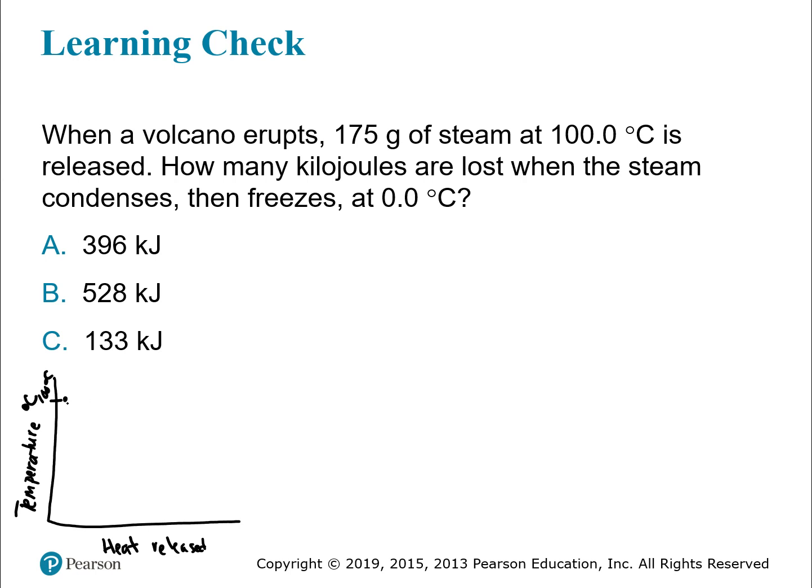And that will condense. That is a change of state, so that's a plateau. To go from there all the way down to 0 degrees Celsius, that's a slope part. We're just slowly releasing heat, releasing energy, and that means a decrease in temperature. Then we form ice. That's a plateau.